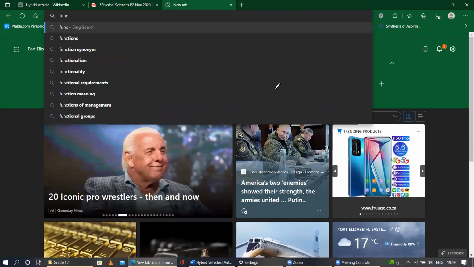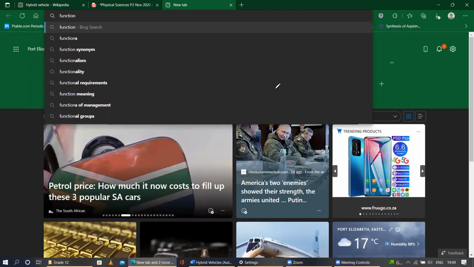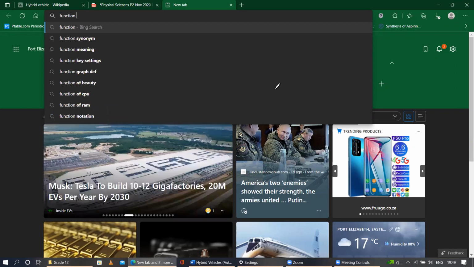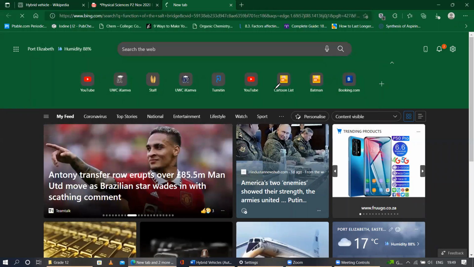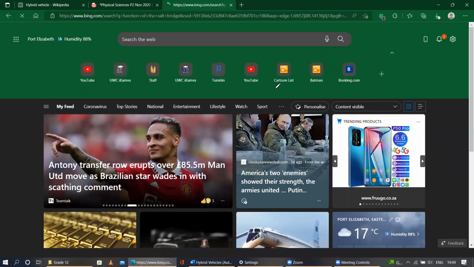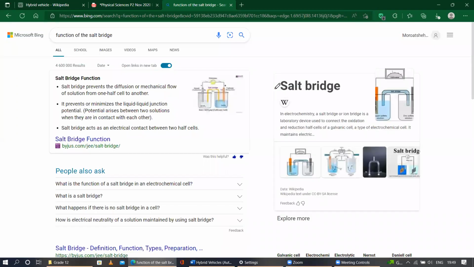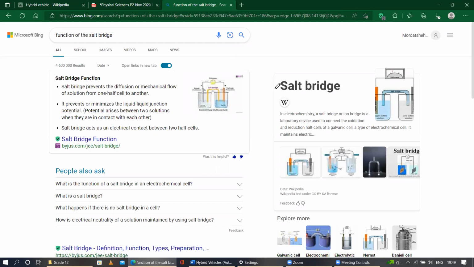So let's go online. Function of the salt bridge. So yeah, here they say it prevents or minimizes the liquid to liquid junction potential. The salt bridge acts as an electrical contact between the two half cells.